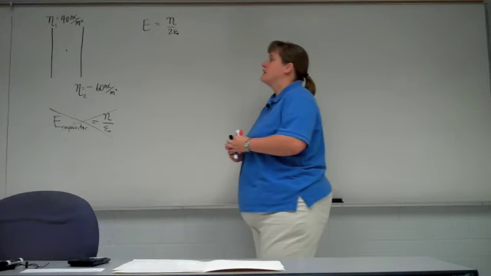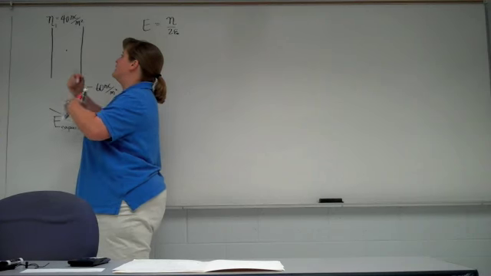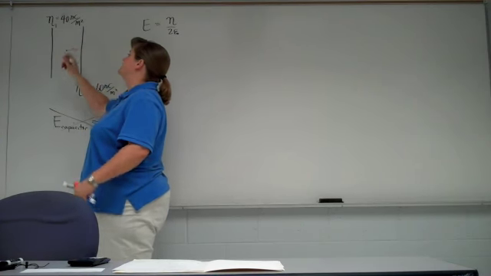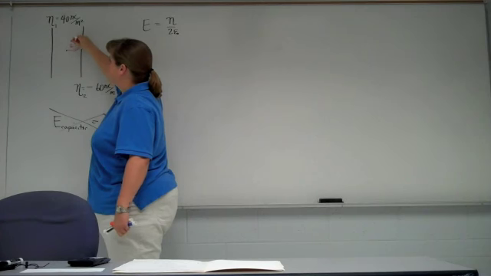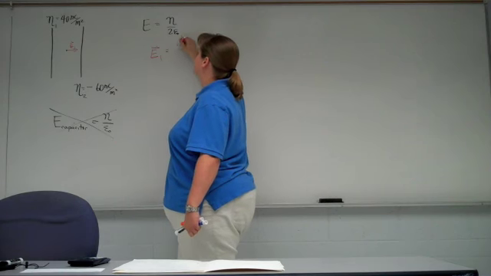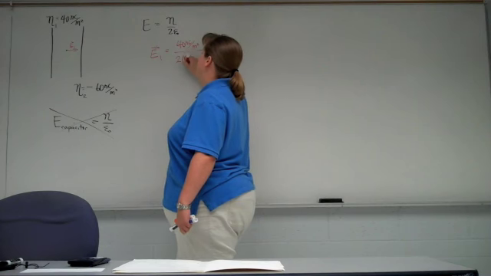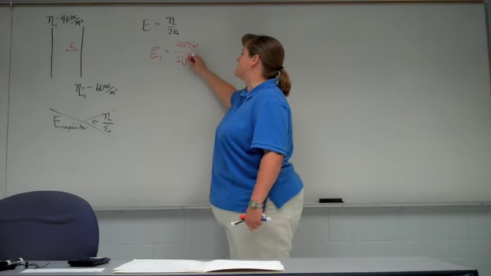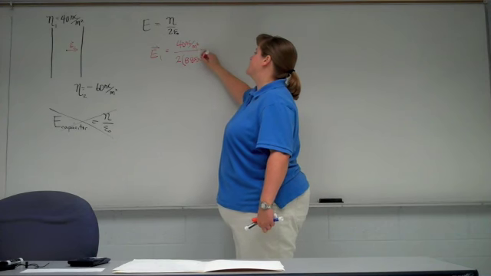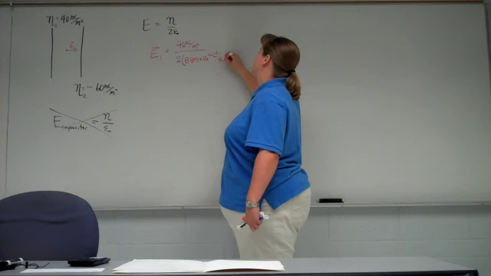Okay? So E1, the electric field due to plate 1, we know it's to the right. So E1 is the 40 nanocoulombs per meter squared over 2 times epsilon naught, our constant, 8.85 times 10 to the negative 12 coulombs squared over newton meter squared.